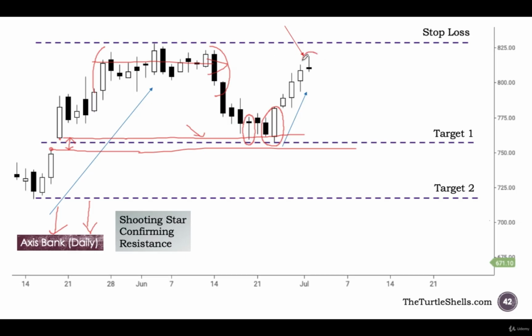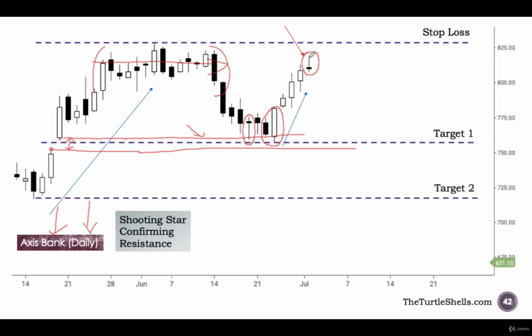And then you have a shooting star here. Although I would feel more comfortable calling this a shooting star if the trading range were large. But the fact that it's a black real body coming after 4 consecutive white real bodies on a daily chart, I can call this a shooting star.